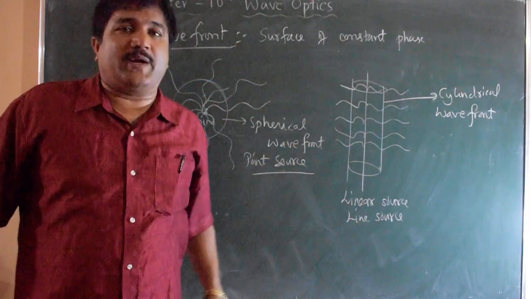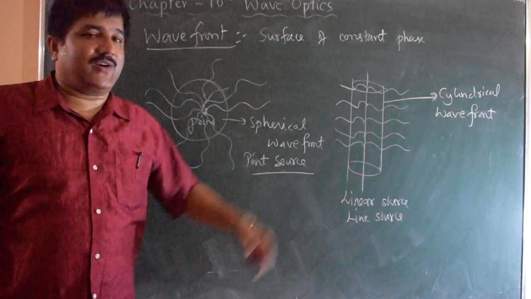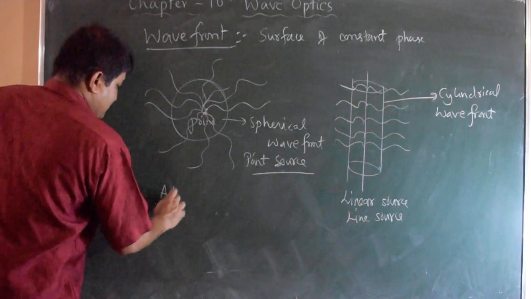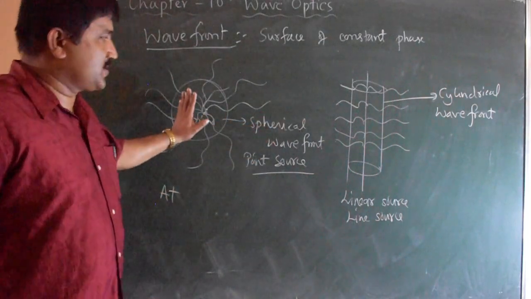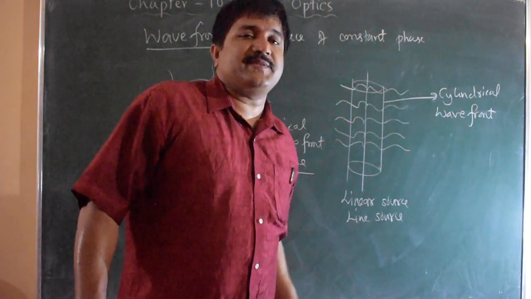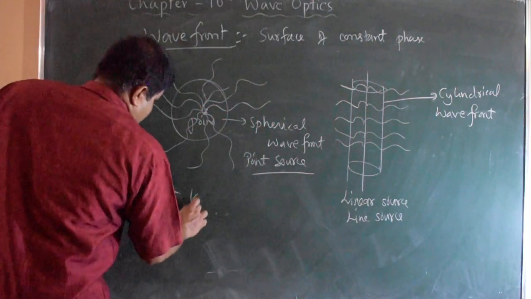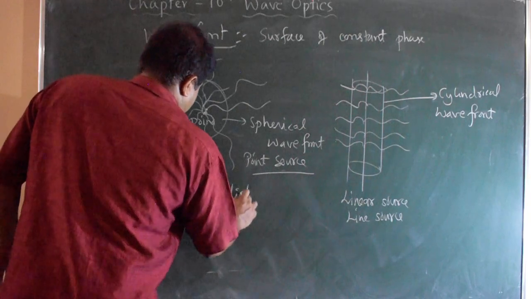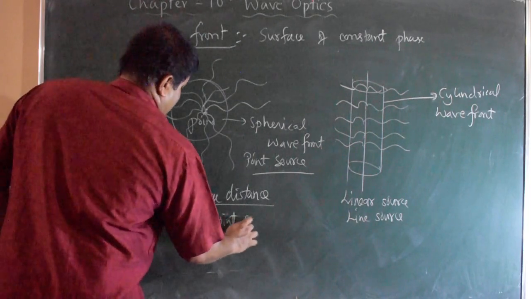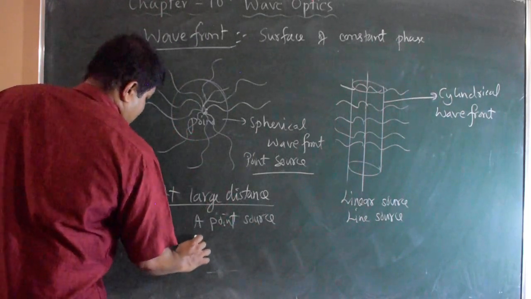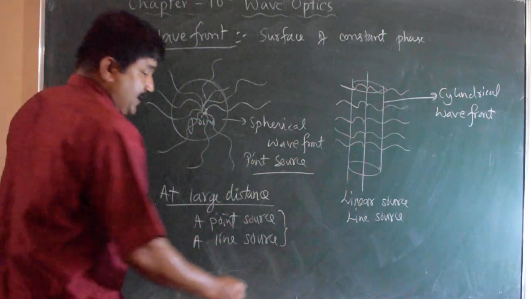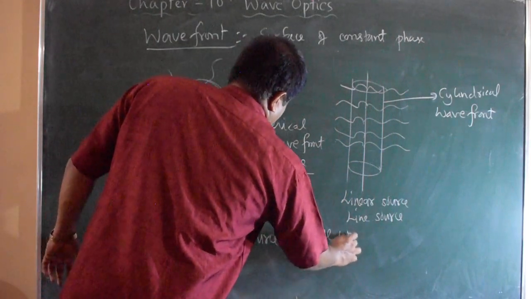Now at far distance, what happens? This wavefront is almost a plane surface. At small distances, a point source gives rise to a spherical wavefront and a linear source gives rise to a cylindrical wavefront, but at large distance, a point source or a line source gives rise to a plane wavefront, a plane surface.